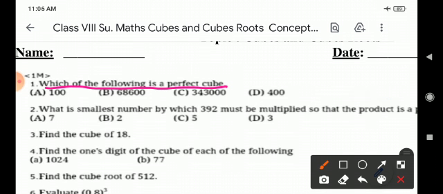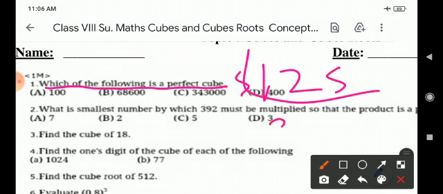It is an integer that is equal to some other integer raised to the third power. We refer to raising a number to the third power as cubing the number. For example, 125 is a perfect cube because the factor of 125 is 5, 5, 5. 5 fives are 25, 5 fives are 25. That is, the cube root of 125 is 5.